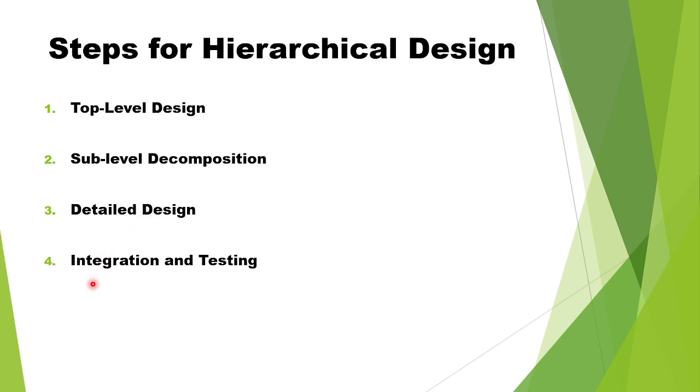And the fourth step, after giving the detailed design, is that we integrate and perform testing. We divide the complex problem into simpler ones, and after dividing and solving the problems, we again combine them into a single unit and then use it.